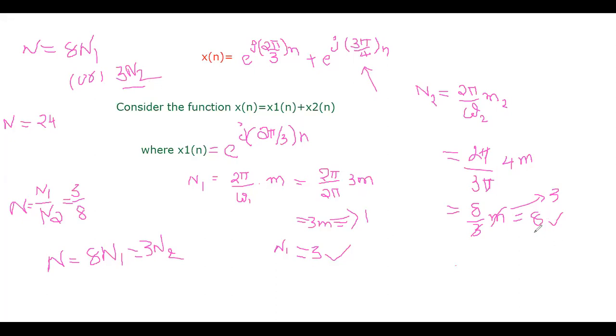So n2 here is 8. 8 multiplied by 3 means obviously it is also equal to 24. In both the cases, the combined fundamental time period of the given function is 24 seconds. So at each and every 24 seconds, the shape of the waveform is going to be repeated. So this is how you are going to find the fundamental time period for the given discrete time signal.